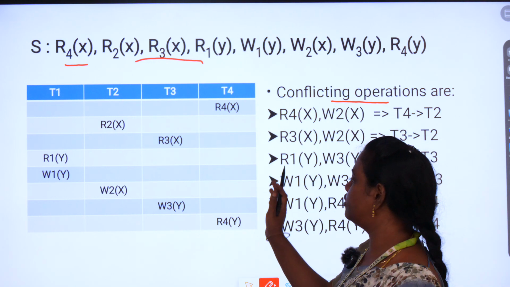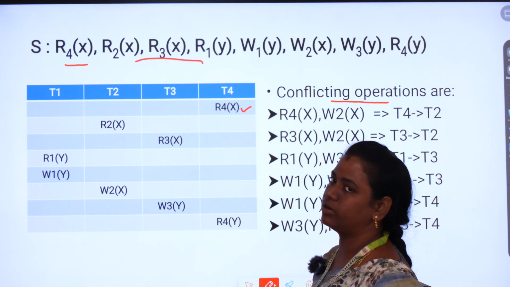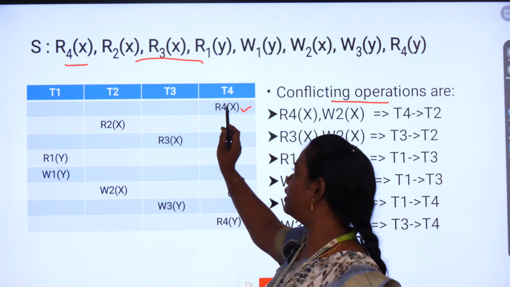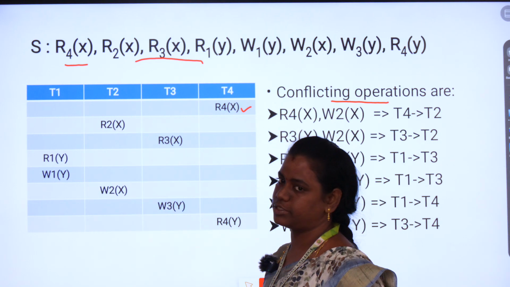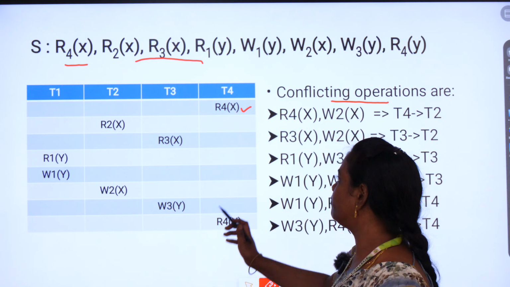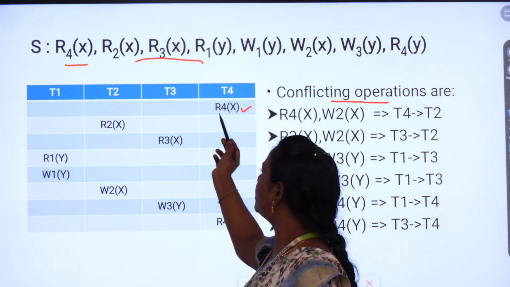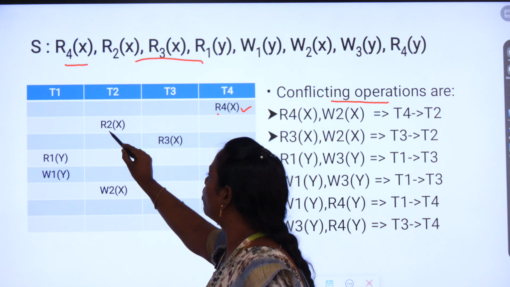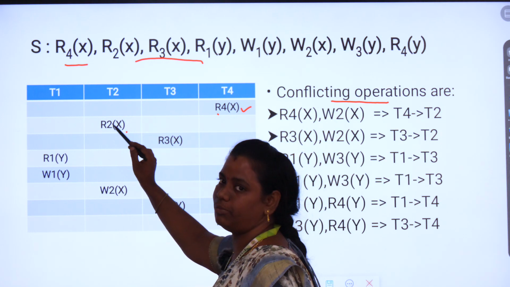Now we are going to find the conflicting operations. Here in this schedule, in the first cycle, R4 of X will be executed. So first I am going to compare R4 of X with the remaining 3 transactions for conflicting operations. Now I am going to compare R4 of X with R2 of X, because in the next cycle R2 of X will be executed.